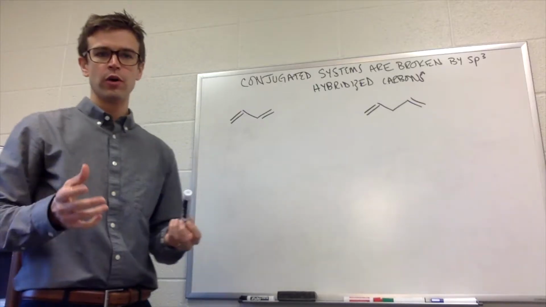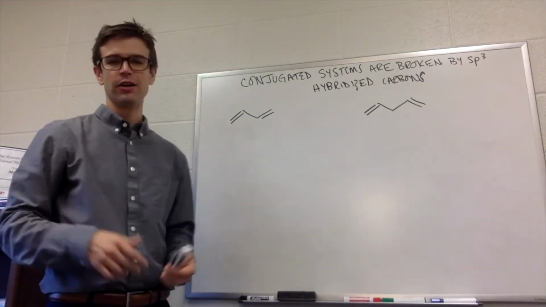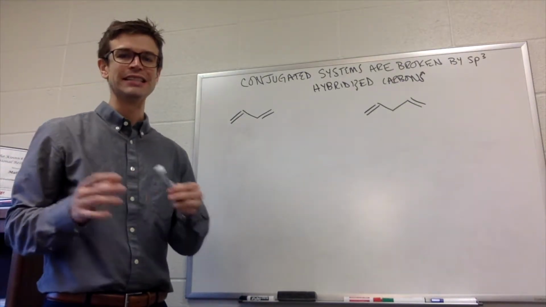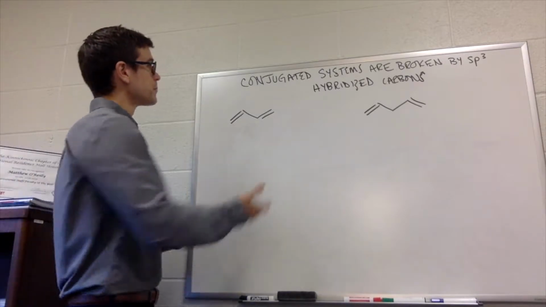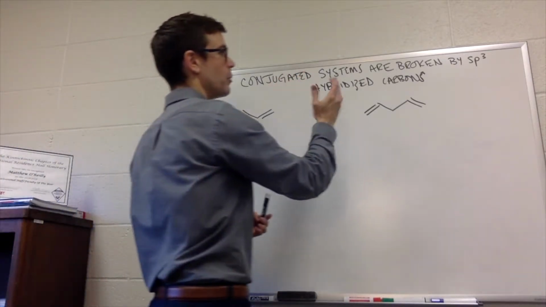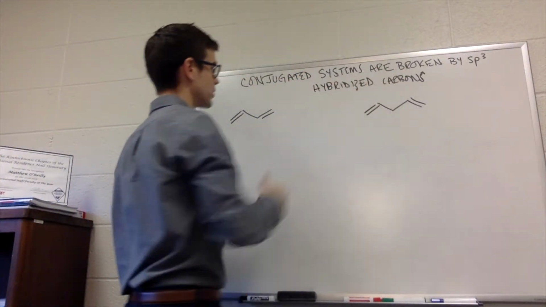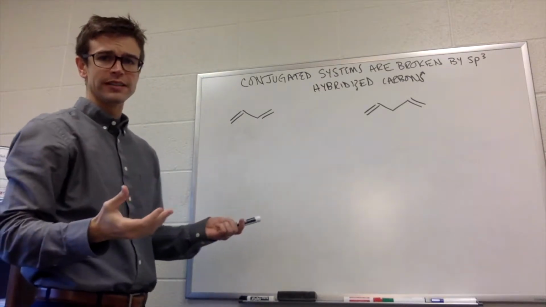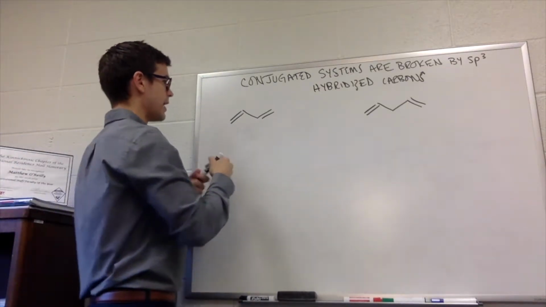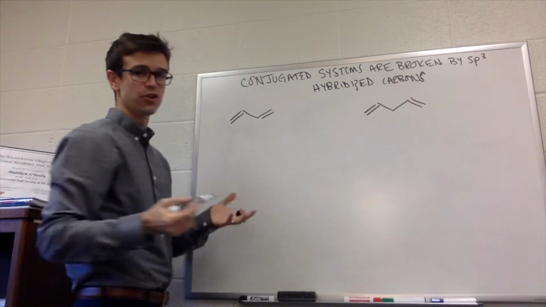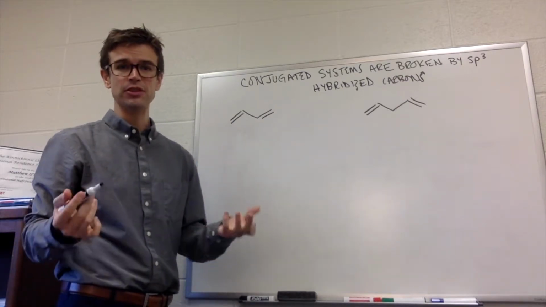So now that we've learned what conjugation is, we can also talk about what conjugation is not. Conjugated systems are broken by sp3 hybridized carbons. So what have we already seen with conjugation? Well, we've seen that we can draw resonance structures to demonstrate conjugation.